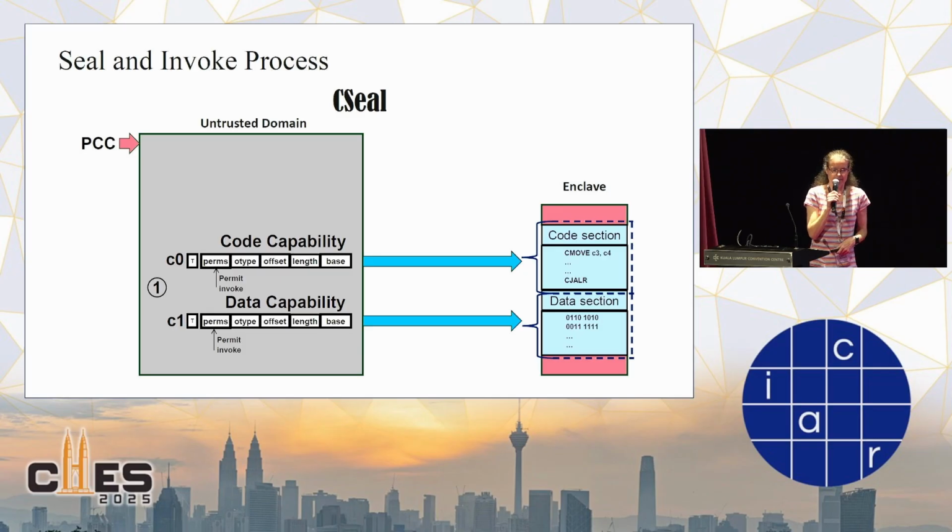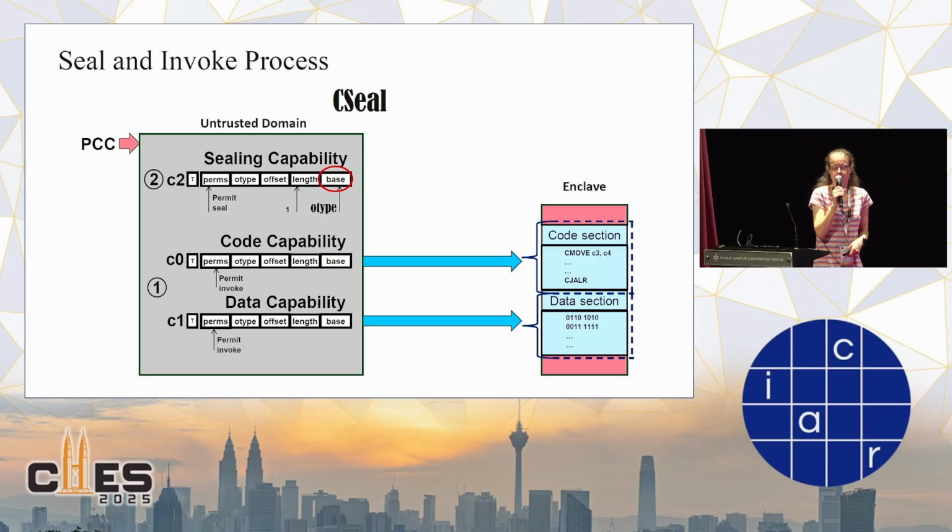So for the CHERI seal process, we start off with two capabilities, a code capability and a data capability. These point to the code and data section of your enclave, which have been preloaded with your enclave code. Then we have a third capability called a sealing capability, which contains an otype in the base field of the capability.